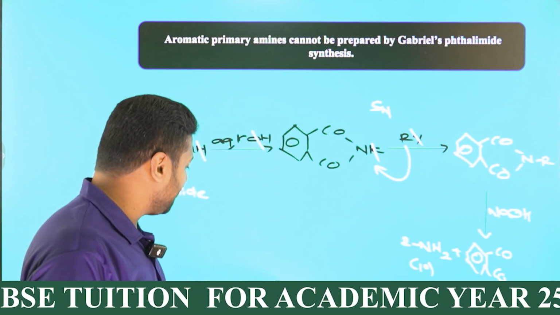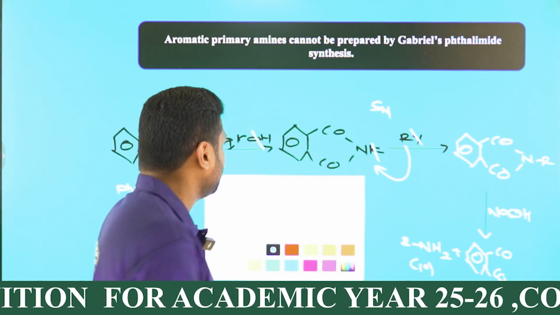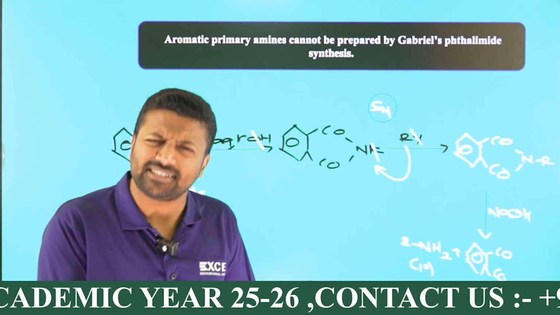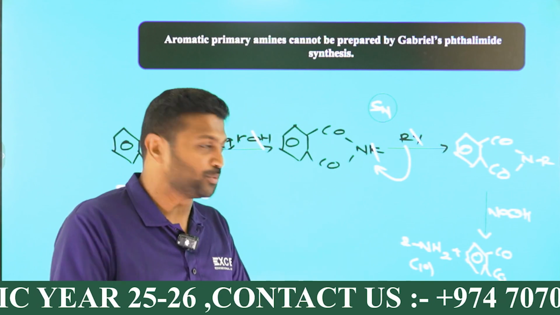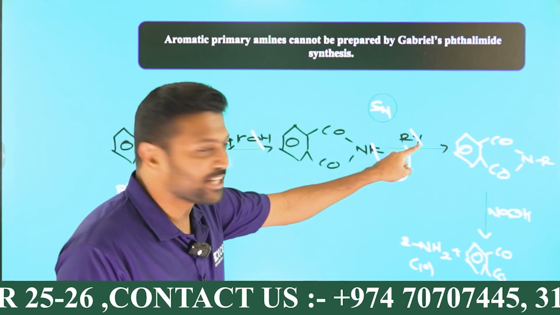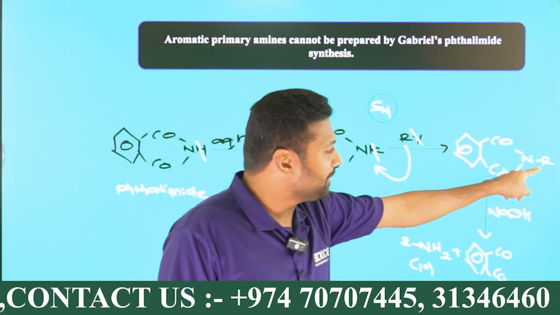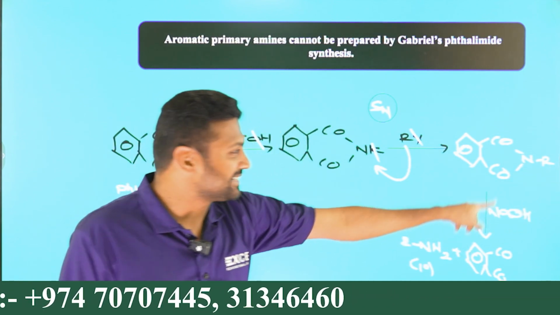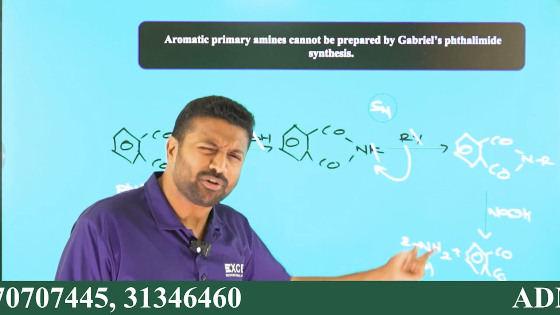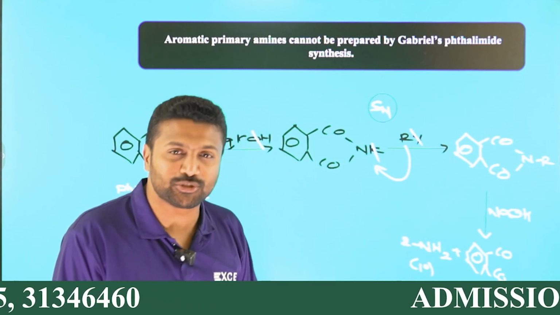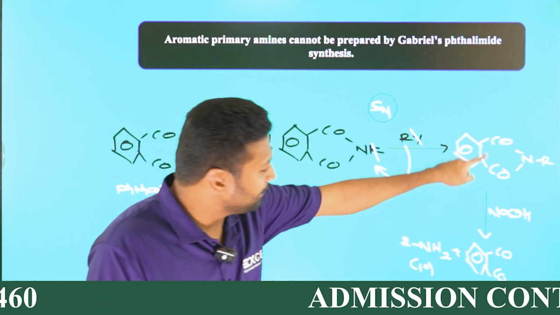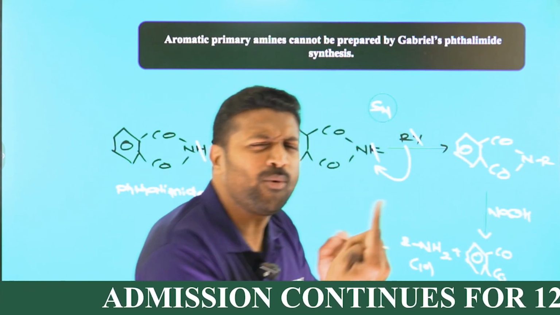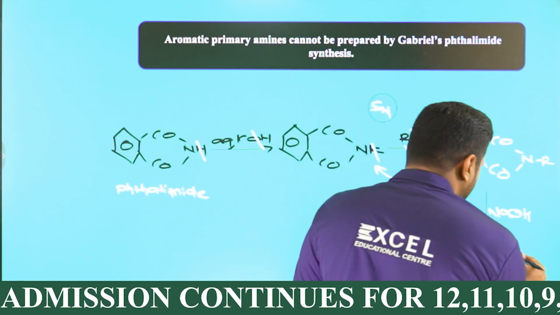K and X will be removed as KX. NK will become NR. On passing over NaOH, this RN will become RNH2, called primary amine. It's shortcut mechanism only. Remaining will be benzene ring with COCO connected by ONa on both sides.